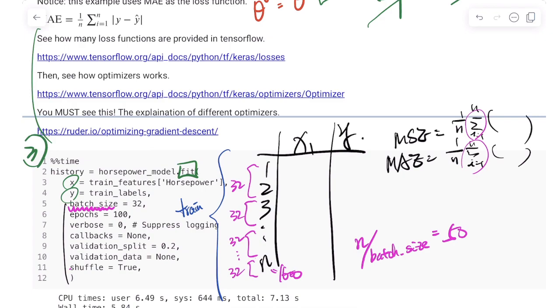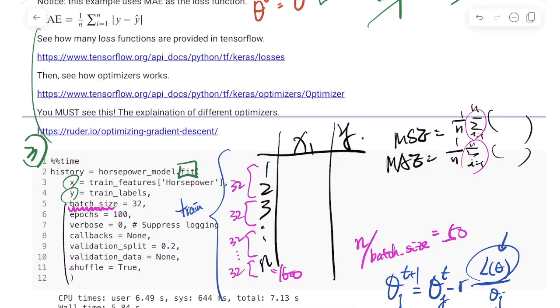So when you perform gradient descent, you need a loss function, right? You don't simply put the entire n data points in it. You just use one batch, 32 data points, in your loss function, and perform gradient descent once.